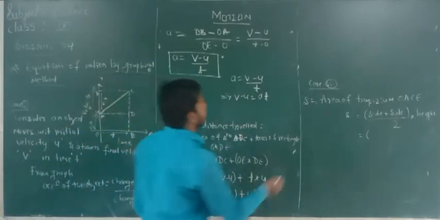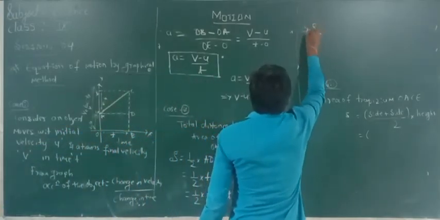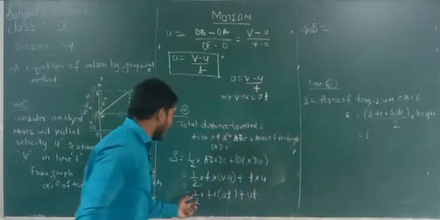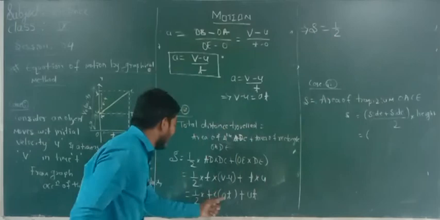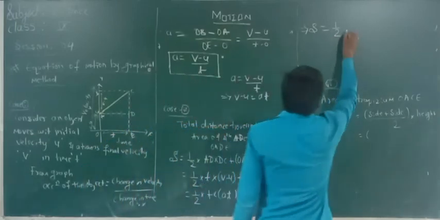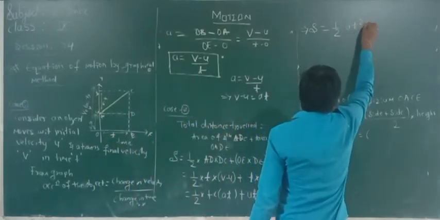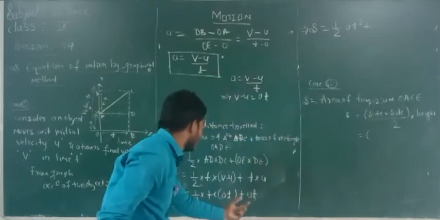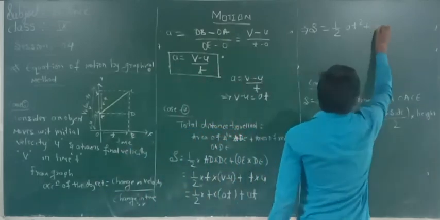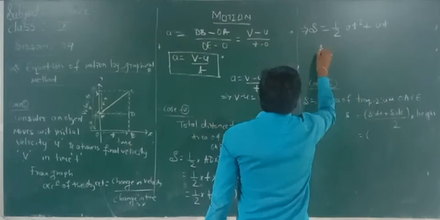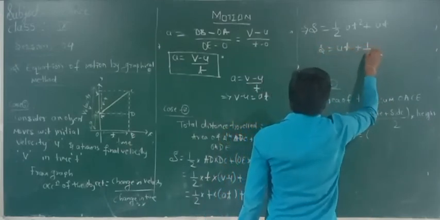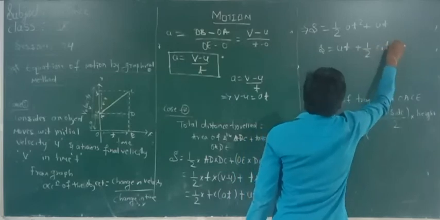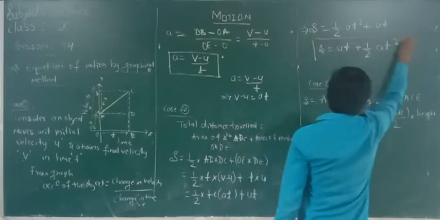It implies S is equal to 1 divided by 2 into AT into T, that is AT square, plus UT, that is S is equal to UT plus half AT square. This is another expression for motion.